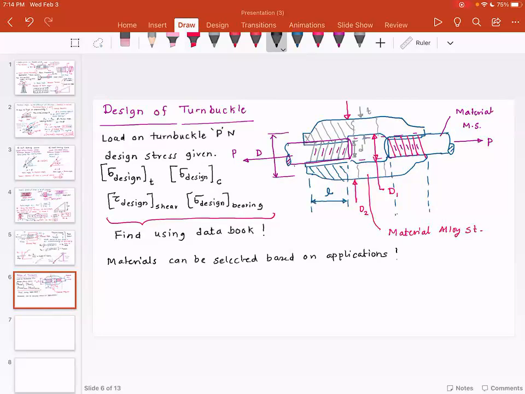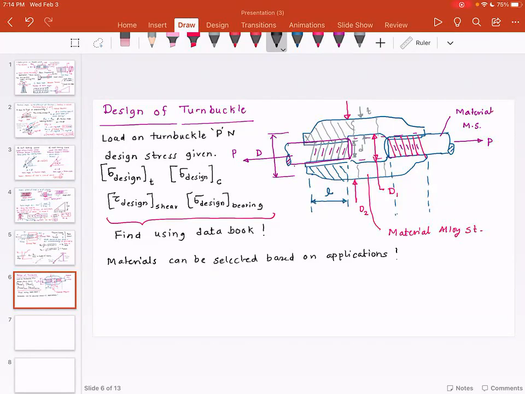So a simple example is, if you have to use a turnbuckle in a kitchen, or where there is cooking or continuous human contact, you don't want to go with a material that can cause maybe any reaction. So you would most likely use a stainless steel.